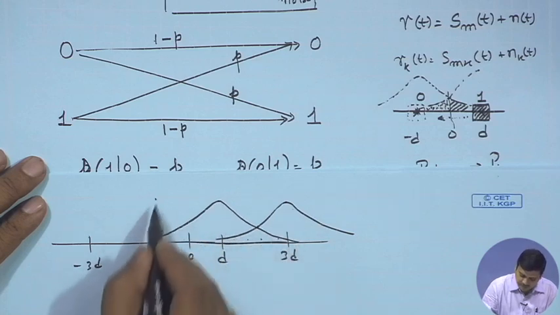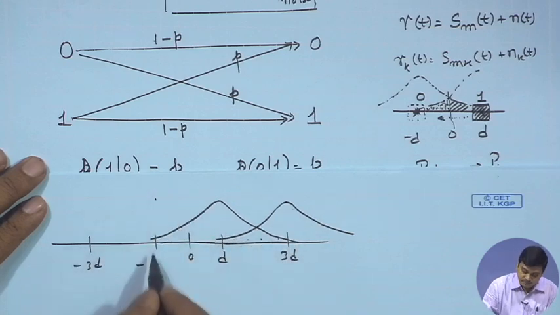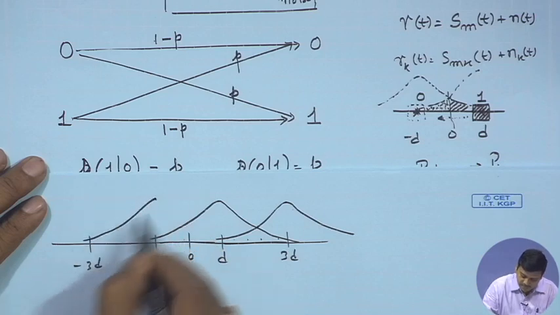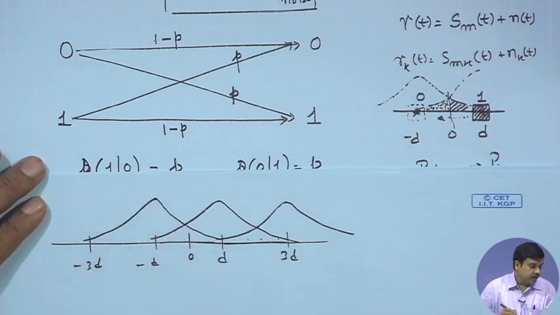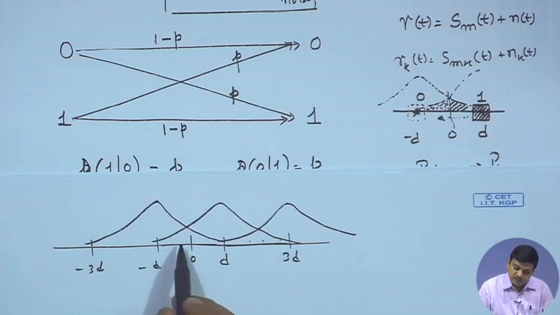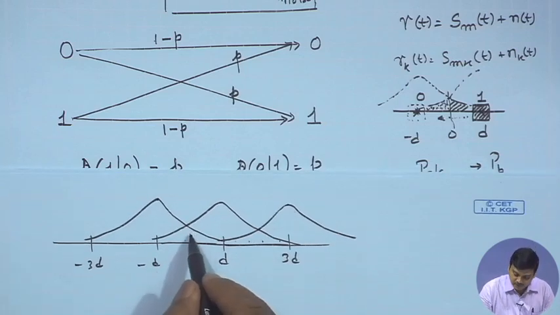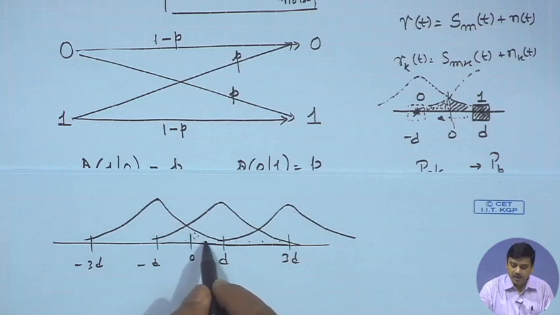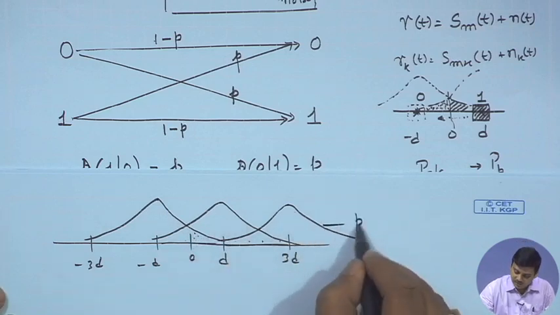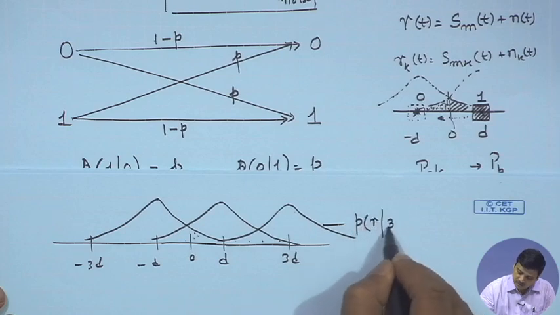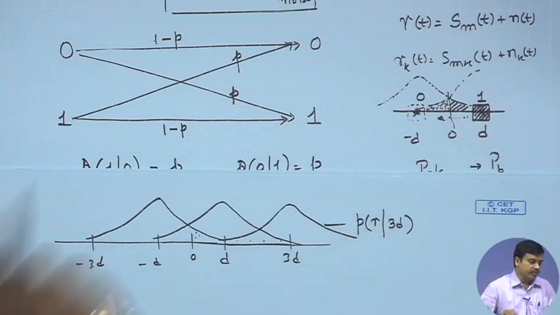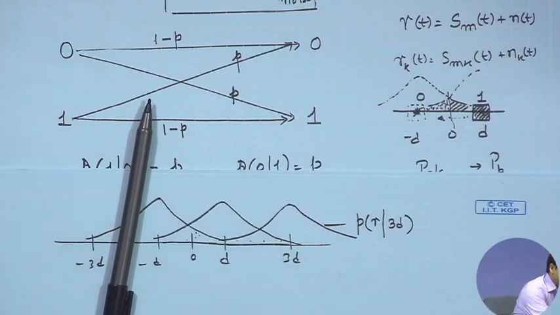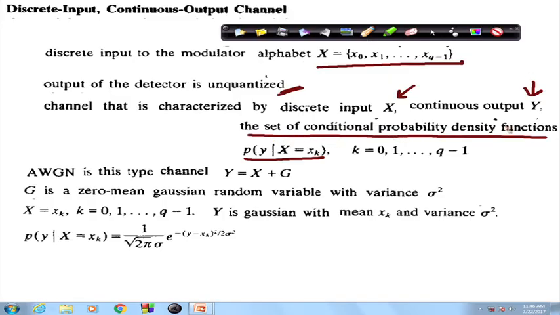Similarly if you send minus d. This y axis is the probability density function axis. And then if you have to convert this to a discrete output, you have to calculate the probability of error. So, if minus d is sent, you will be calculating this area. However, what we have is the probability of the received signal given 3d as the sent signal, so it is given by the set of conditional PDFs.